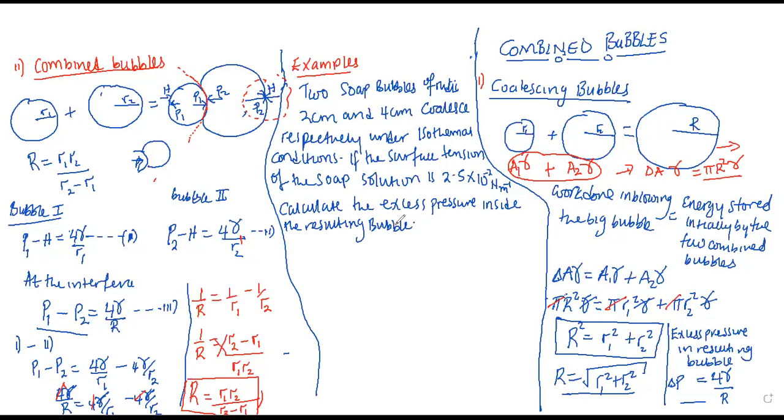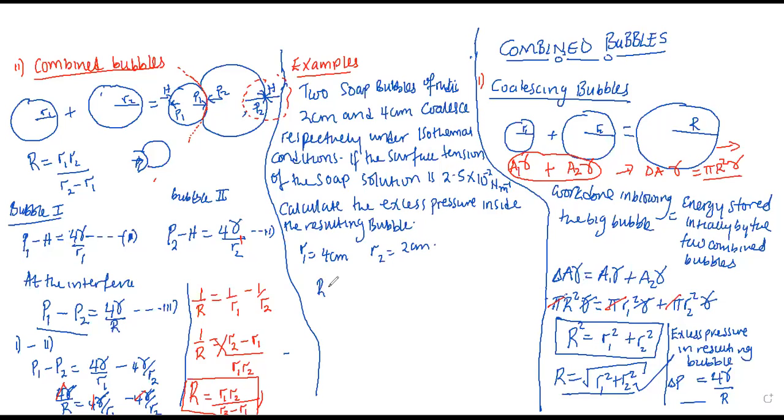Now, the bubbles are coalescing. If they are coalescing, if the question comes like this and is more than 3 marks, you derive this equation. Then you work out. If it is just 3 marks, then first get big R by identifying R1, which is 4 centimeters, R2, which is 2 centimeters.